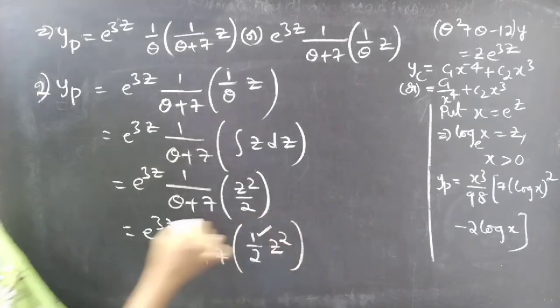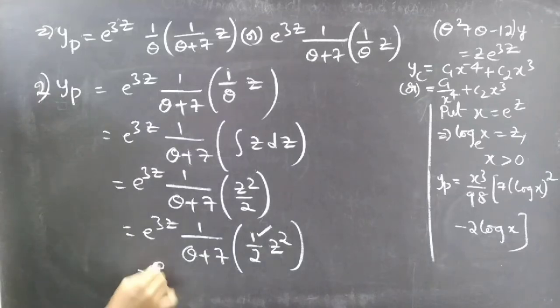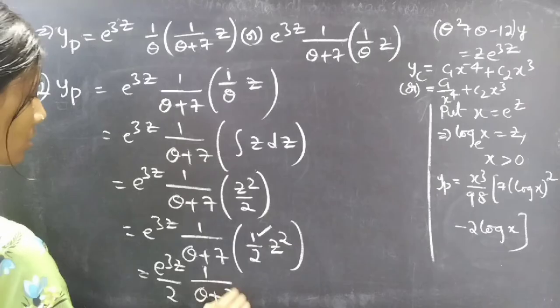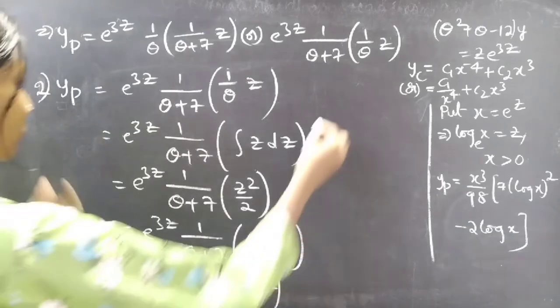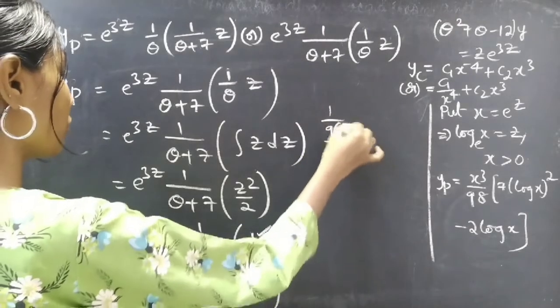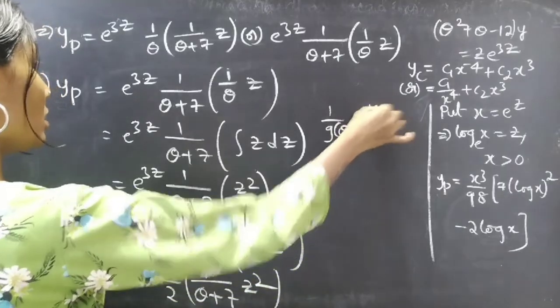Now take this constant towards the left. We'll get e power 3z by 2 into 1 by theta plus 7 into z square. Right? So this is of the form 1 by some function of theta into z power k.